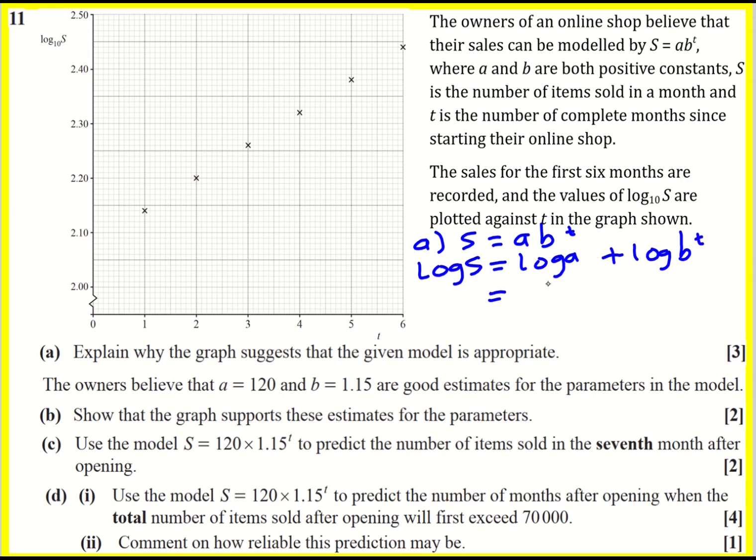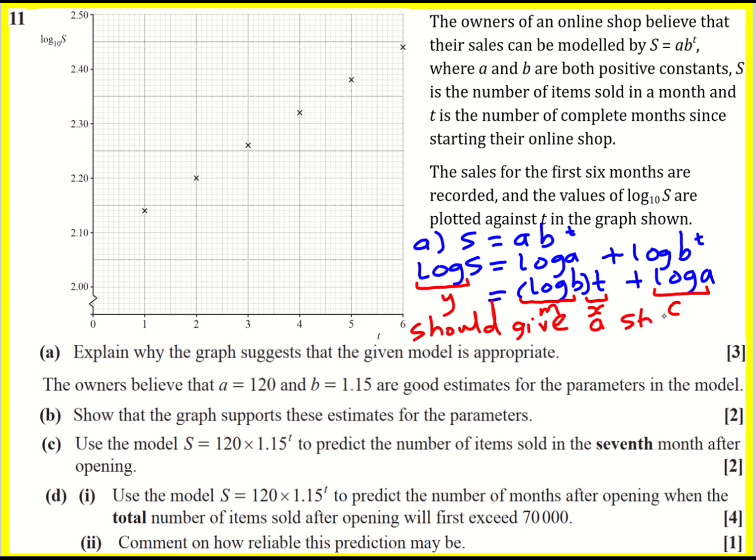Then I can bring the t down, so it's going to become log b times t plus log a. And this is actually in the form y equals mx plus c. So it should give a straight line.